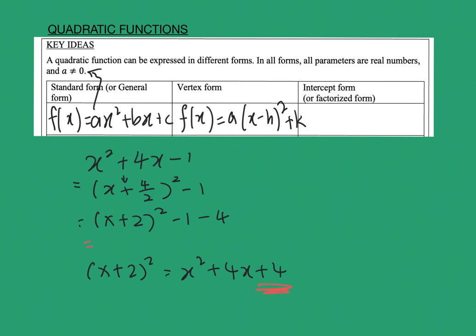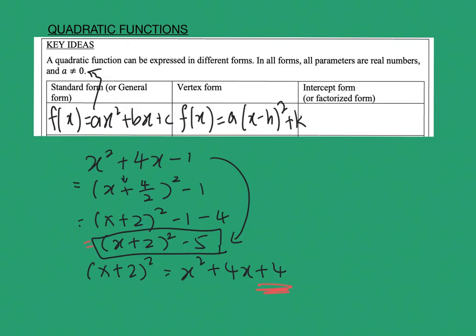So from here, when I complete the square, I will get x plus 2 squared minus 5. So this is the vertex form of a quadratic equation. I have transformed from general form to the vertex form by completing the square.